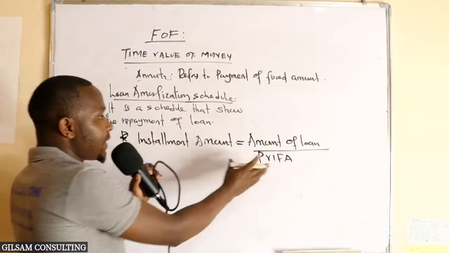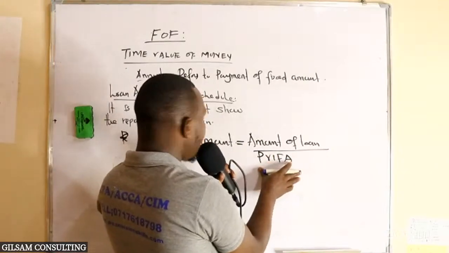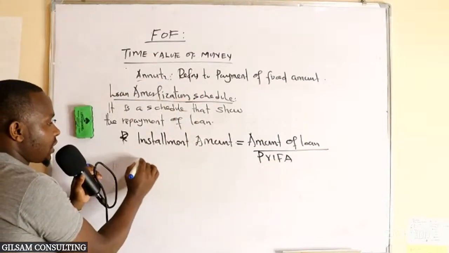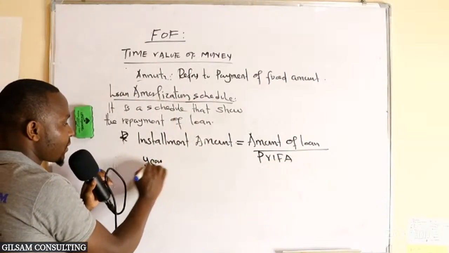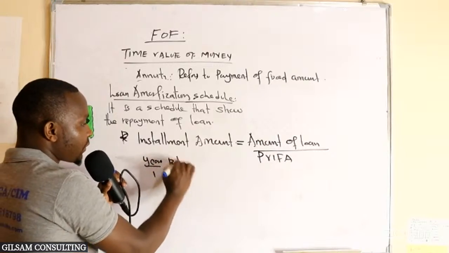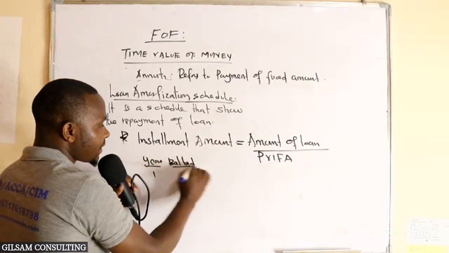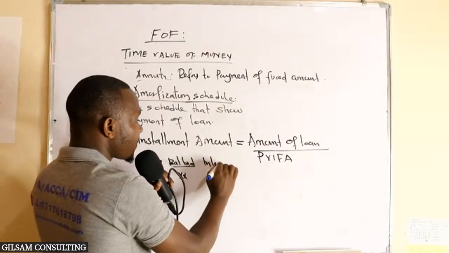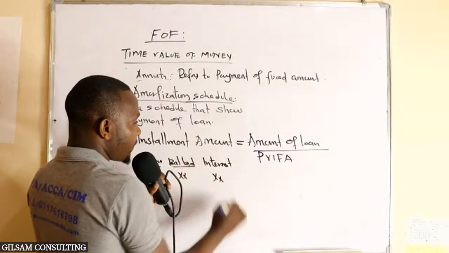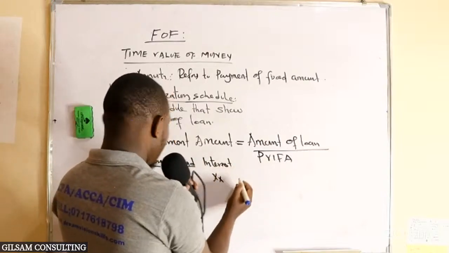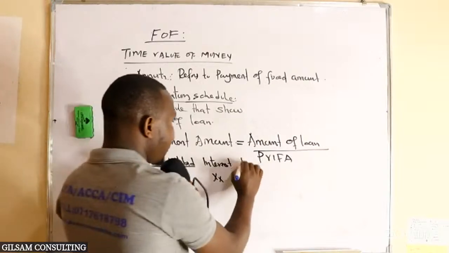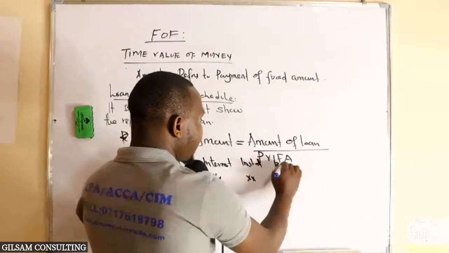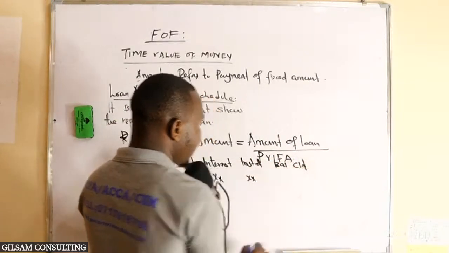So once you get the installment amount, then you can prepare your schedule, which itakuwa na years, maybe year one, balance brought forward, or the beginning balance, and then you have the interest, and then the installment amount, and then we have the balance carried forward, or the end balance.